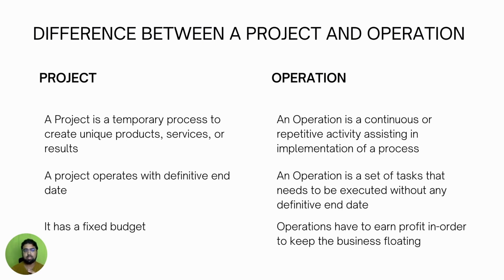But operations manager, his role doesn't end because the operation is continuous. Maybe we can change the operation manager, but his role necessarily doesn't end. Operations generally happen when the process is stable.